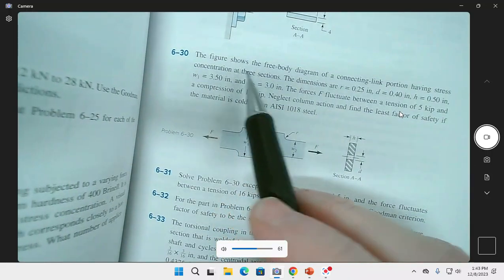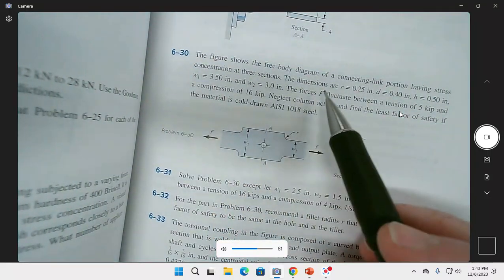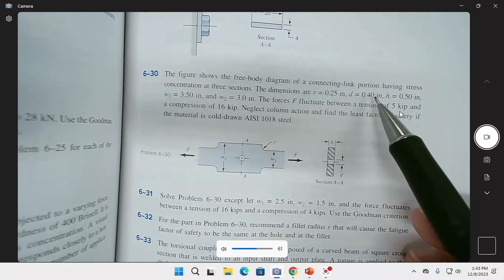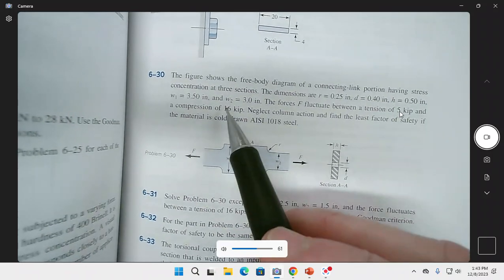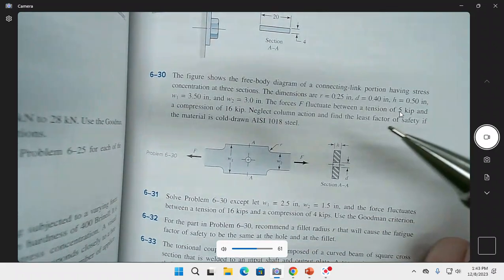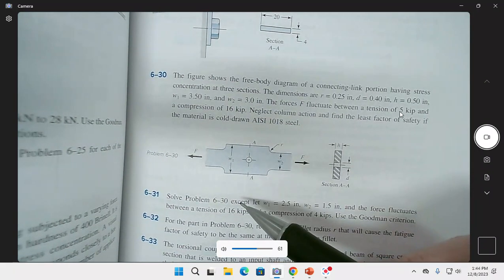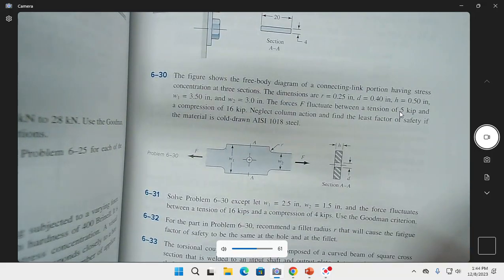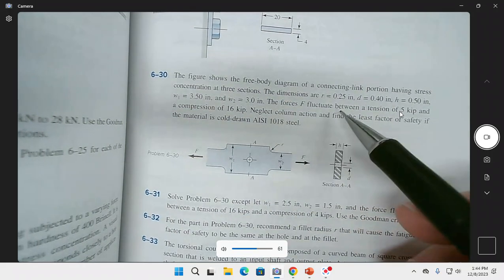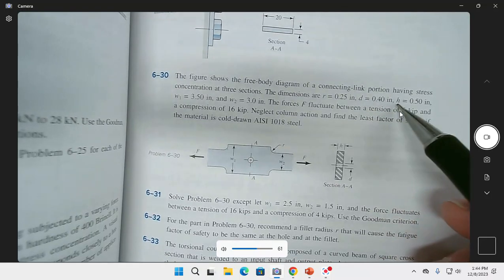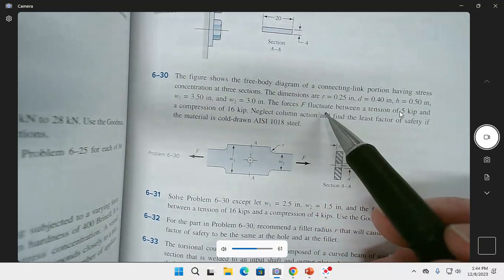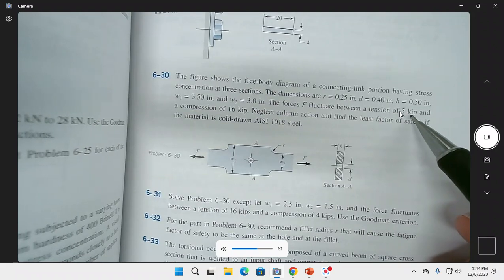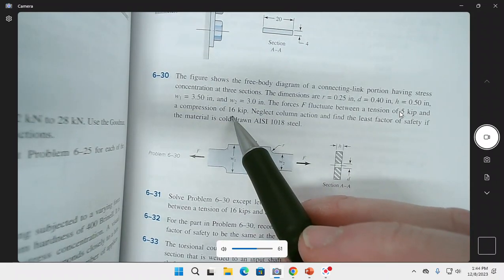The figure shows the free body diagram of a connecting link portion having stress concentration at 3 sections. So I guess it's here, here, and there. Is that what it means? I'm guessing. And the force fluctuates between 5 kips, I don't like kips, and 16 kips.